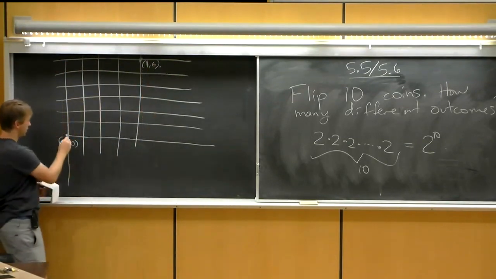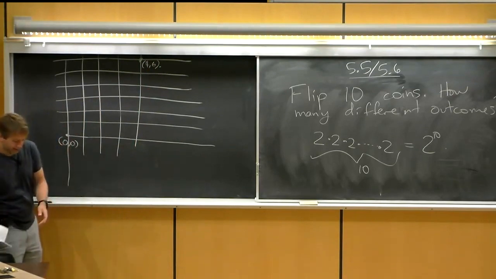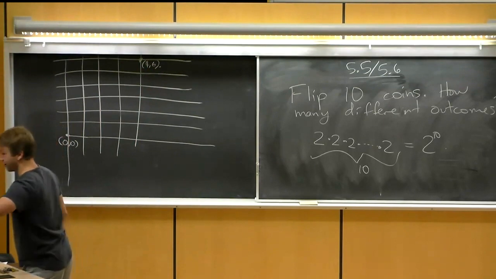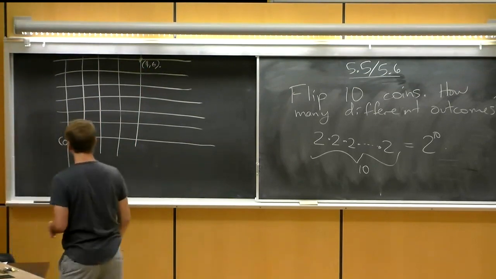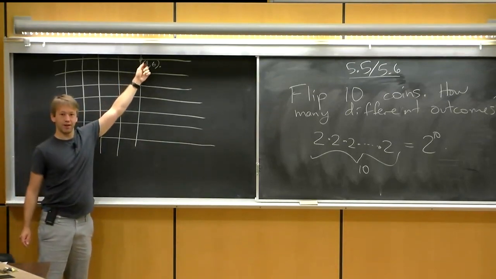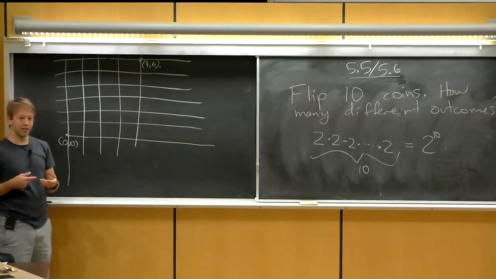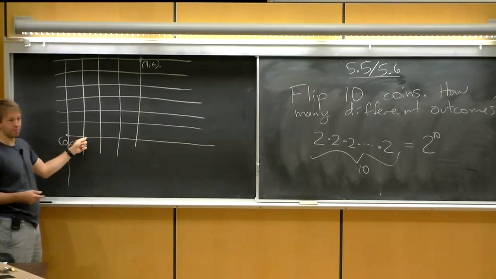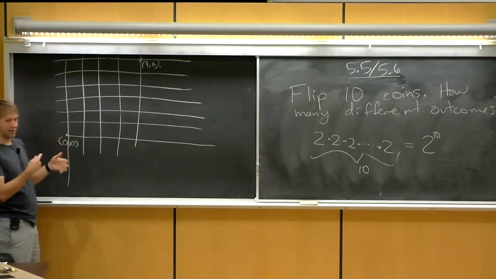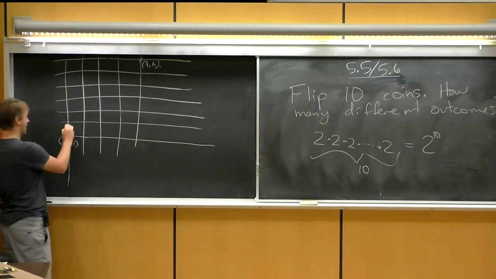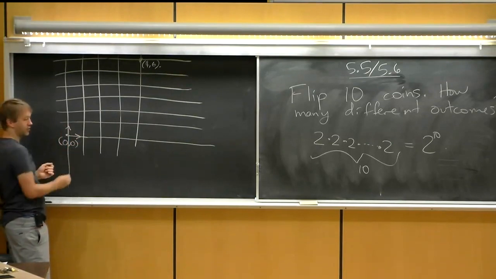Okay, so here's the kind of game we're going to play here. We start at the point 0, 0, and we're going to walk to the point 4, 6. What you're allowed to do at each step is you can take a step upwards, or you can take a step to the right by 1 unit. So you can't go diagonally. You can't do any crazy thing. You can't walk left. You can't walk down.